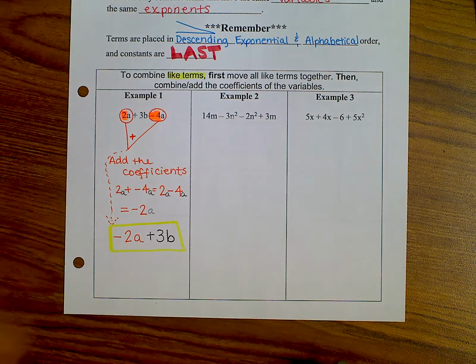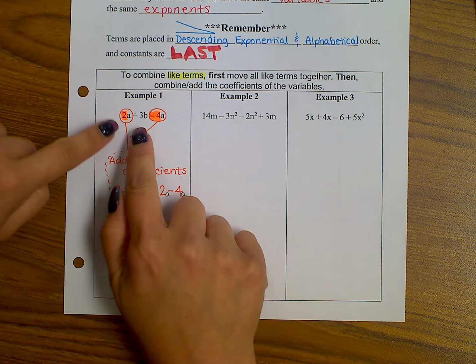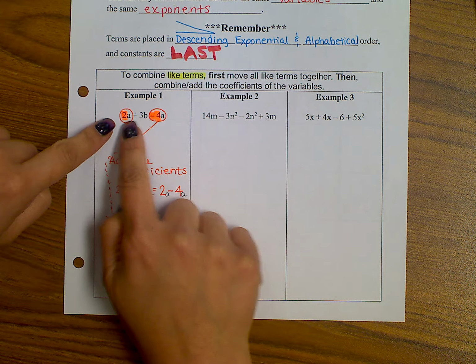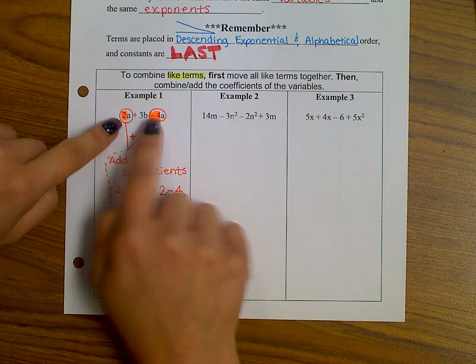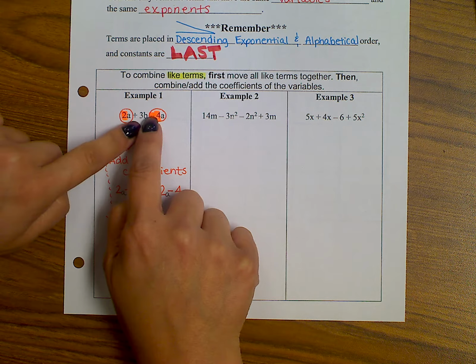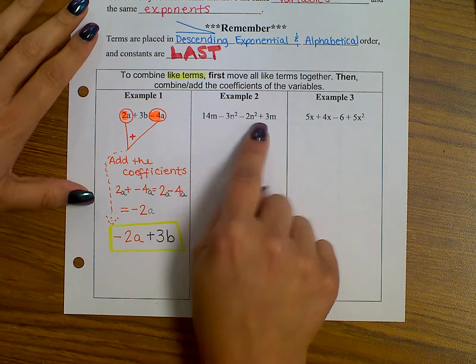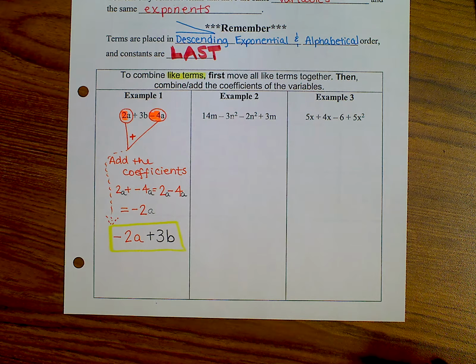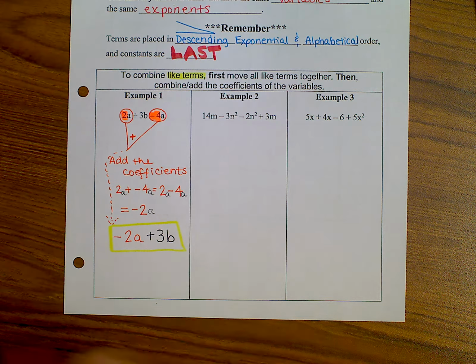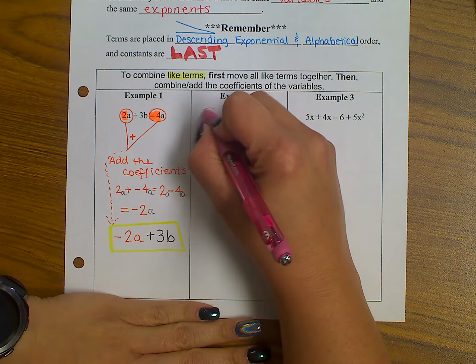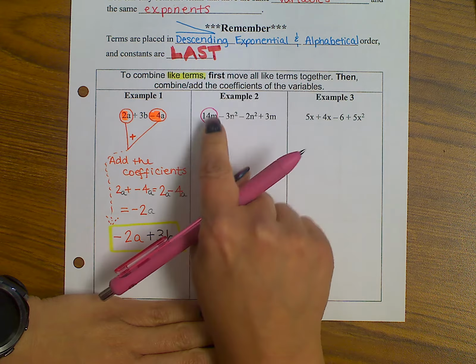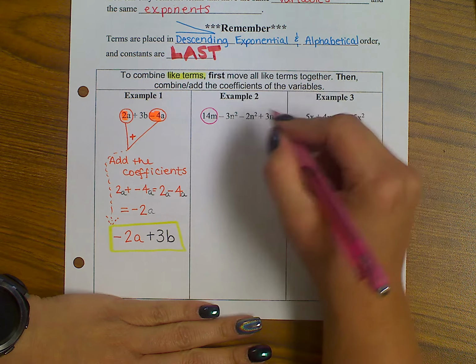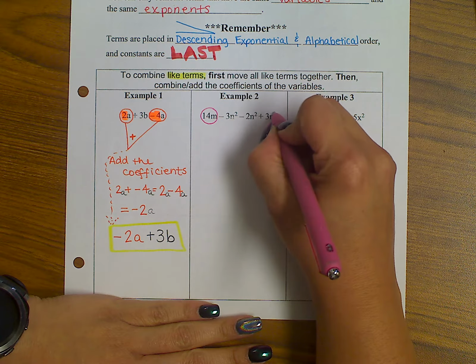Now taking a look, previously we had two different like terms. We had our A and our B. So now here, you'll notice that we do have some like terms beginning with, of course, our 14m and our positive 3m.